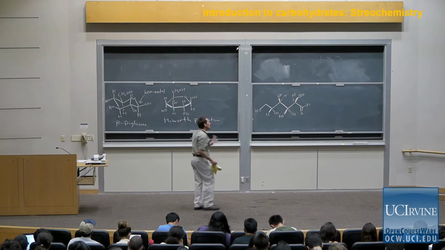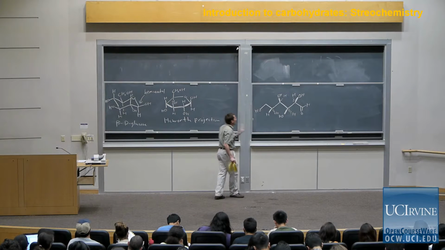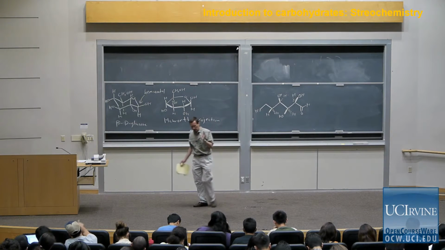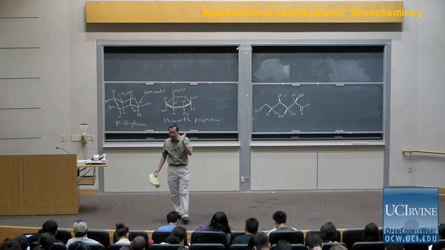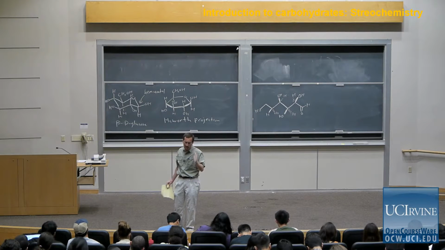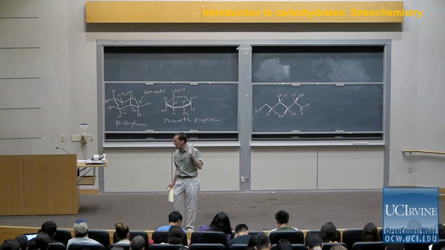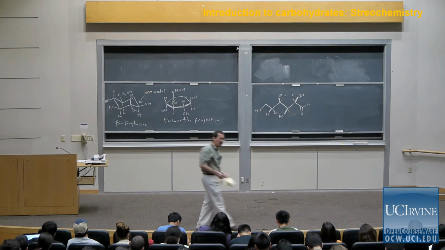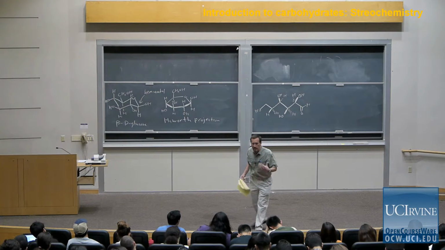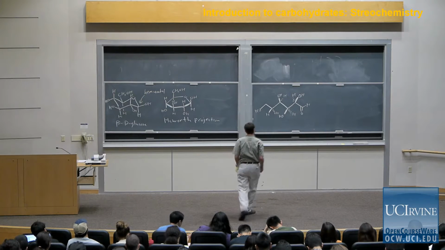All right. Now, the one that I am not in love with for a representation of sugars, but that has been used traditionally to such an extent that it is absolutely integrated into almost all textbooks that discuss sugars, is what's called the Fischer projection.